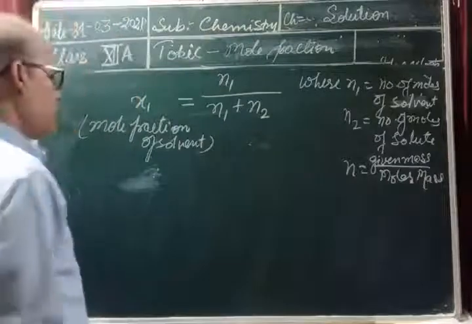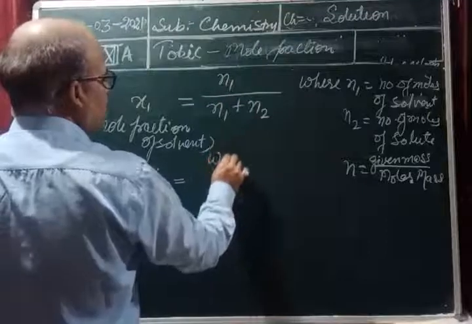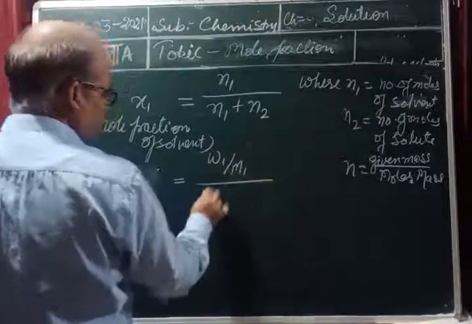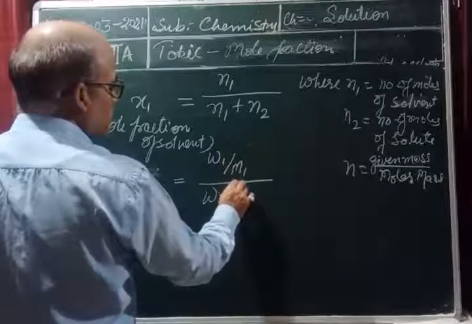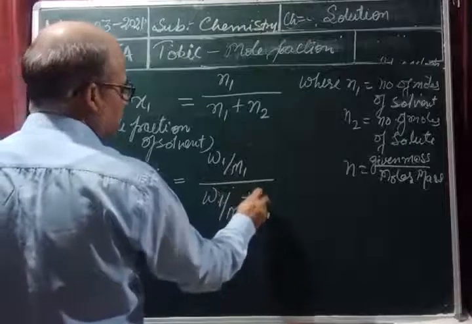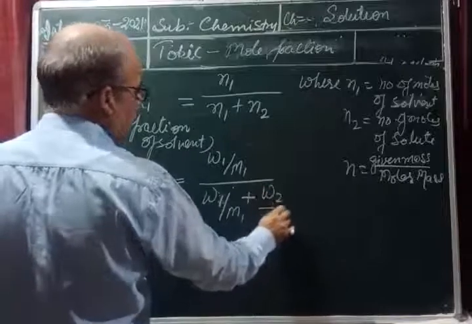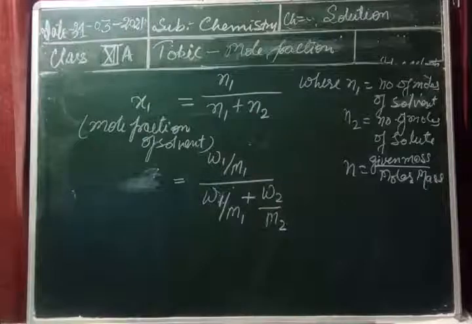Now see here, you can write this formula as W1 by M1 upon W1 upon M1 plus W2 upon M2. Okay, this is the formula.